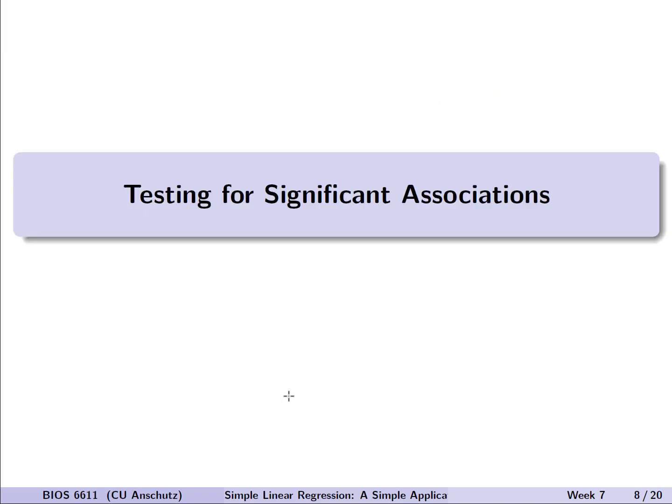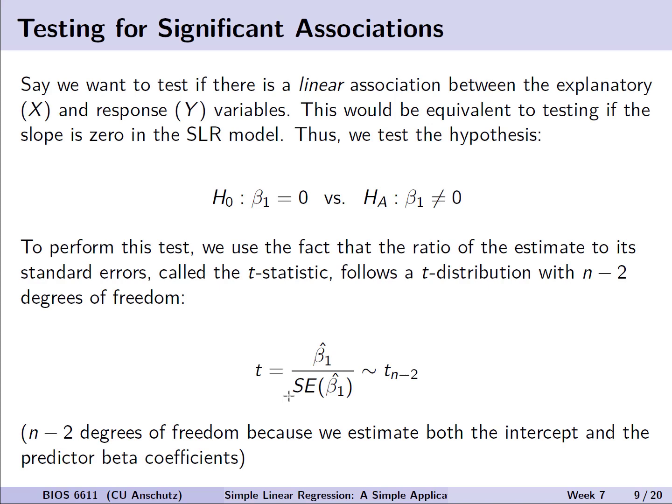So how do we actually test for those significant associations then based on the theory we've developed throughout the course so far? So let's start off by pointing out that we're specifically looking to test if there is a linear association between the explanatory variable x in our simple linear regression model and the response or outcome variable y. This is essentially the same thing as testing if the slope is equal to 0 in the simple linear regression model.